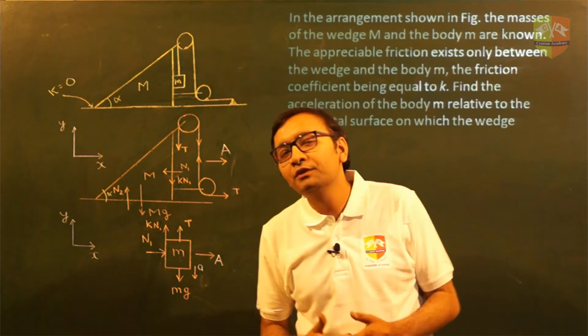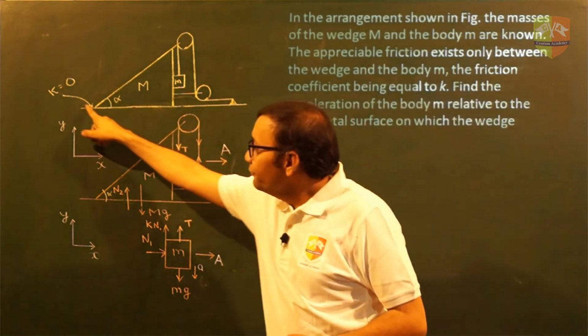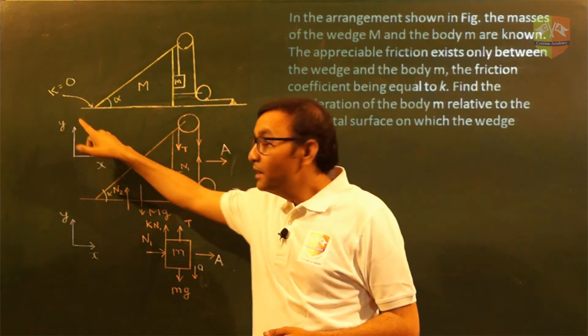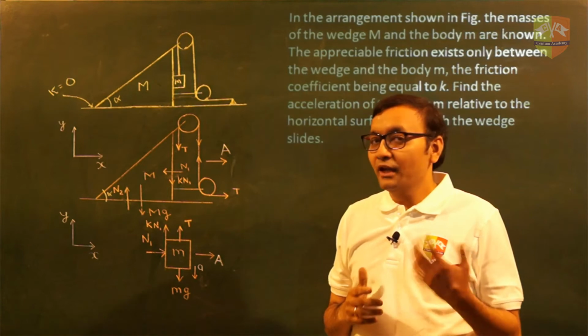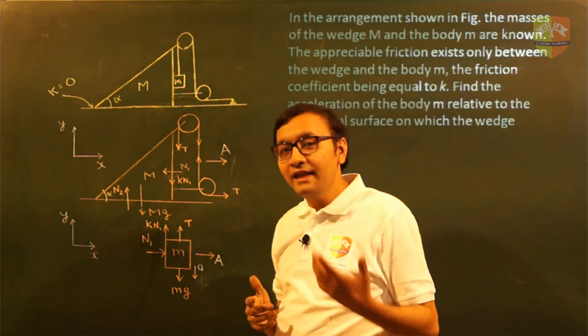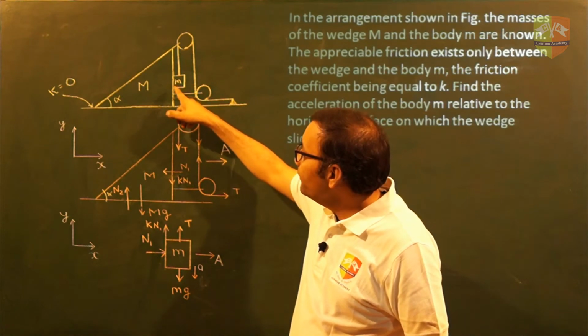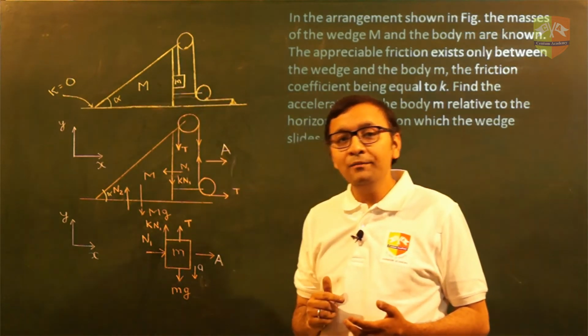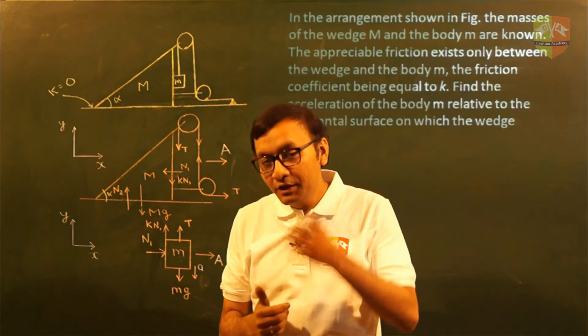What other force comes to your mind? What is given in the problem is that the horizontal surface is smooth, but the surface between capital M and small m is not smooth. The coefficient of friction is K, right? And we learned that small m is moving relative to capital M. Which direction is it moving relative to capital M? It is moving downward, right?